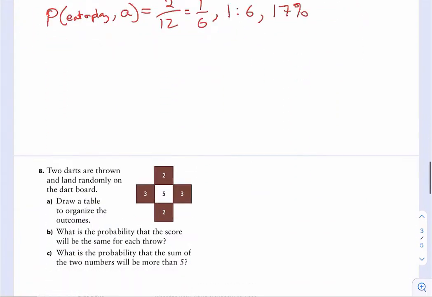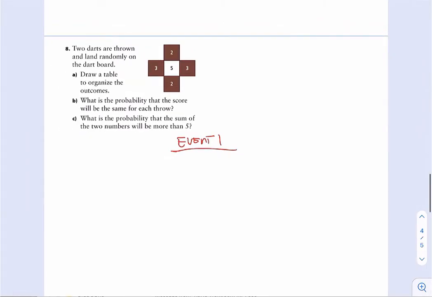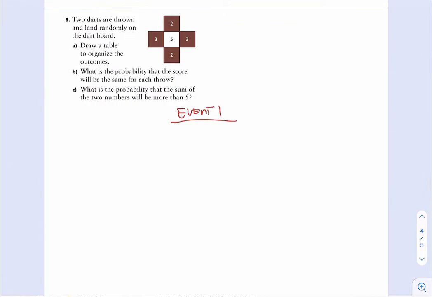Hopefully there's no questions about that one. Okay, now these next two are a little bit more difficult. So it's important you pay attention on these ones. Okay, so this one, 2 darts are thrown and land randomly on the dartboard. Draw a table to organize the outcomes. Okay, so in this one, event 1, this is the most common mistake with probability in grade 7, is getting these type of questions right.